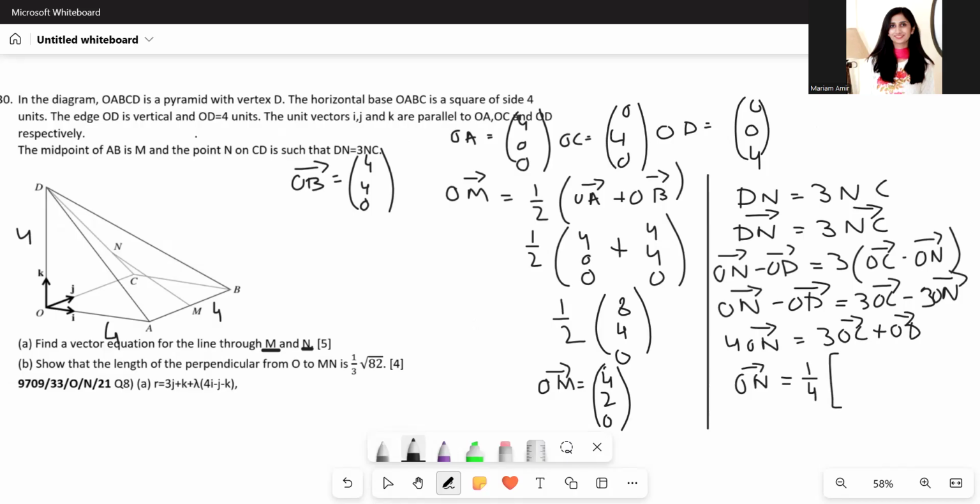What's going to be 3OC? 3 times this, so 0, 12, 0. And OD is 0, 0, 4. So plus 0, plus 0, plus 4. That makes ON equal to 0, 3, and 1.